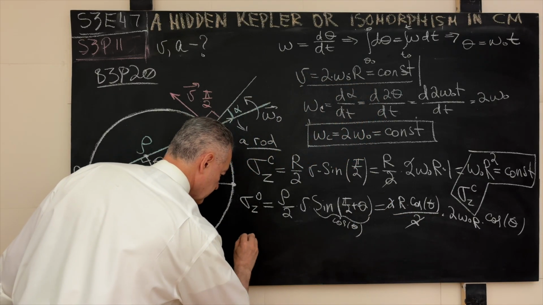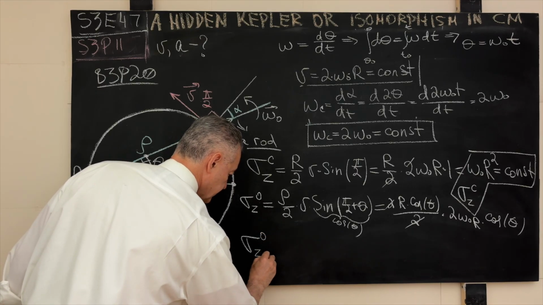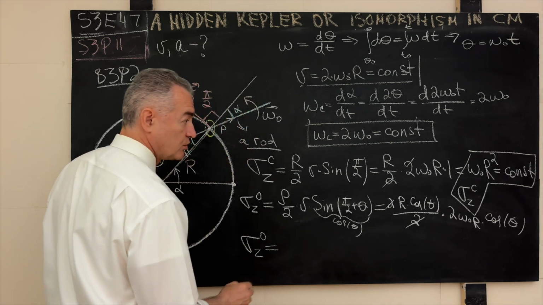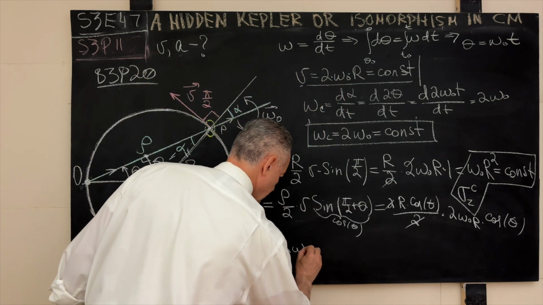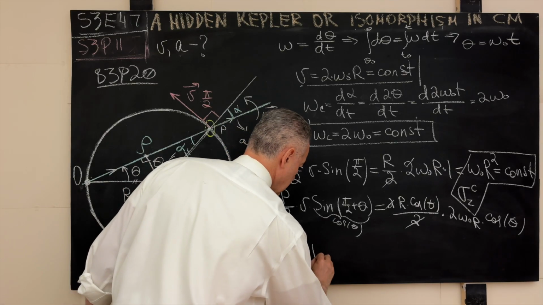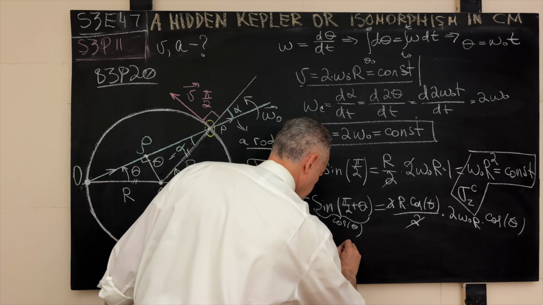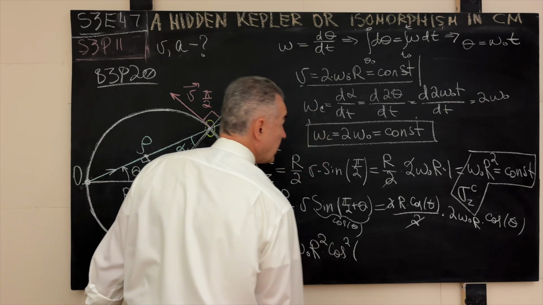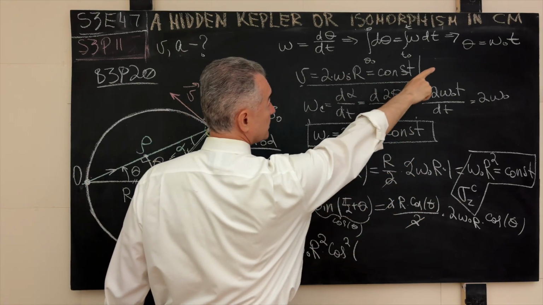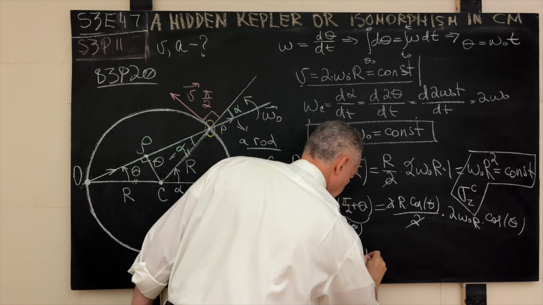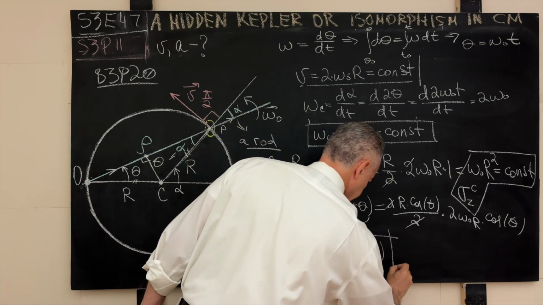So let's write down the expression for the areal velocity of the ring relative to the point O, and its projection on the z-axis will be 2 omega 0 r squared cosine squared. Oh, look at this, cosine squared. And theta, we already said, is omega 0 t. This is an interesting result.